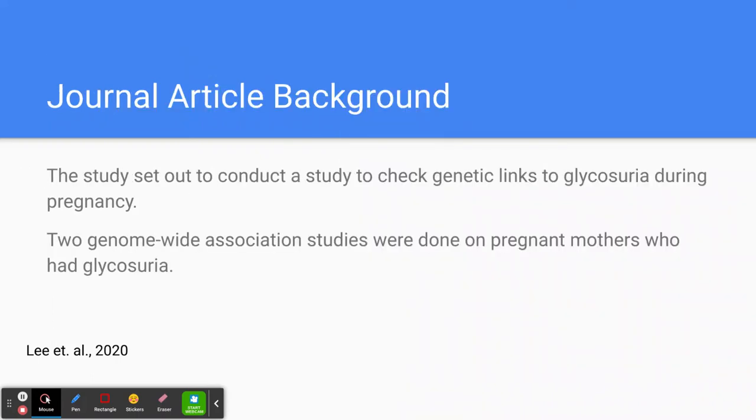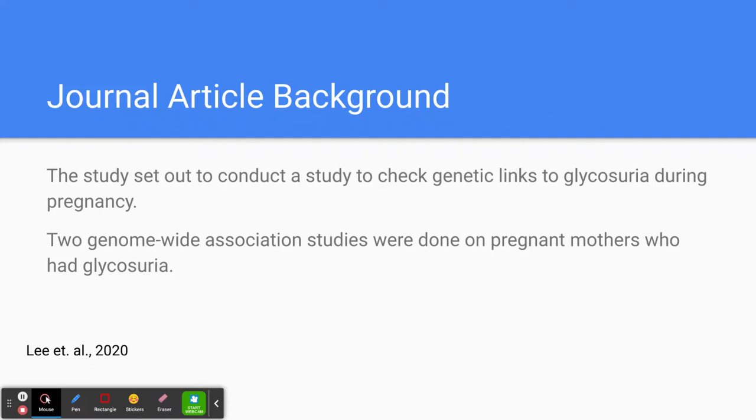So this is actually somewhat of what the journal article that I looked into studied. They looked at the genetic impacts. As I mentioned, about 50% of pregnant mothers are going to experience some form of glycosuria during pregnancy. And this study aimed to conduct a genetic study to find if glycosuria was related to genetics.